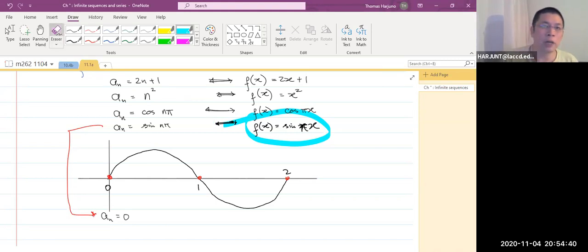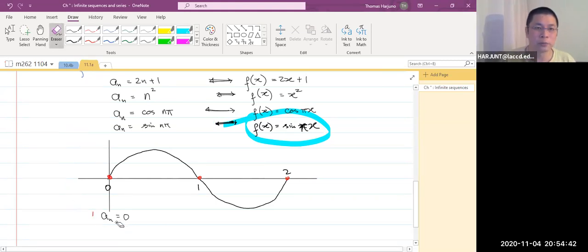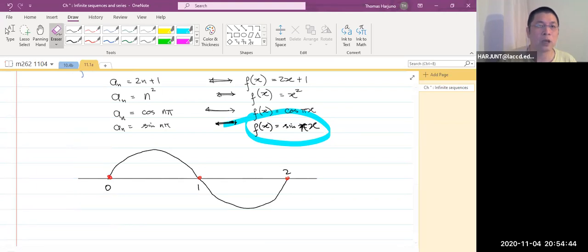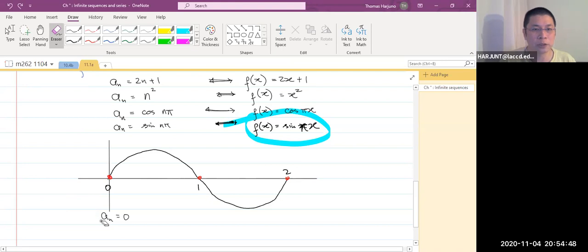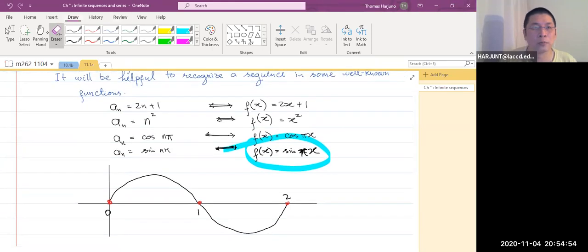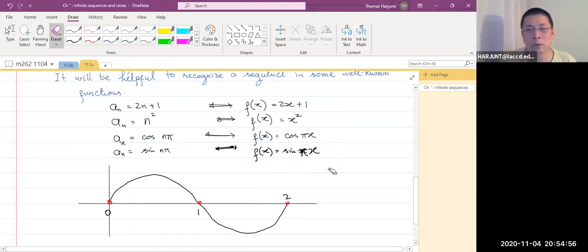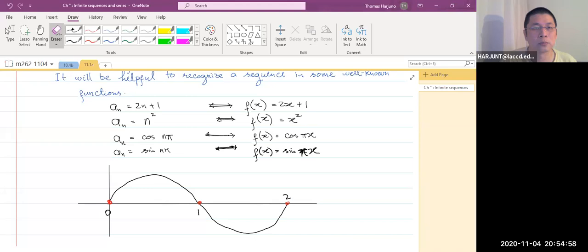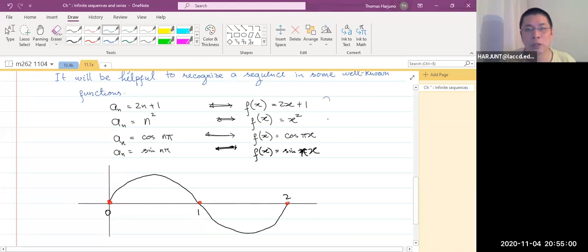Now, I have a name for this kind of function. I call that superposition function. That's my terminology. I call this superposition function.